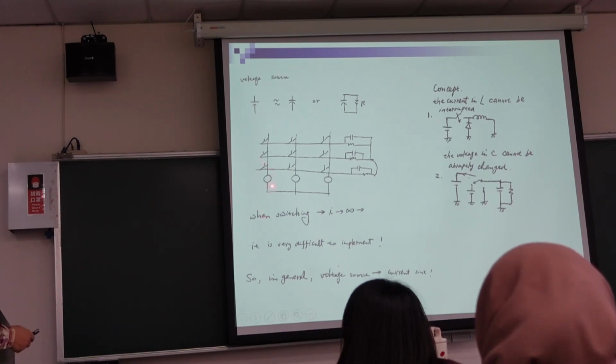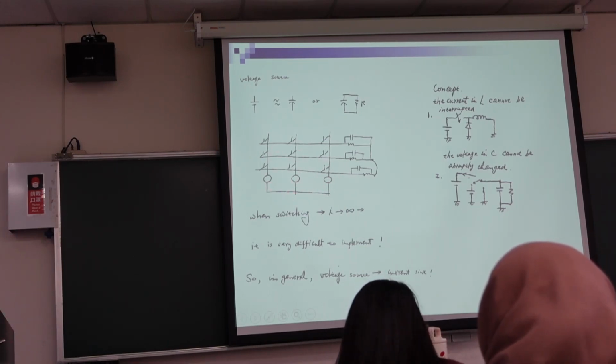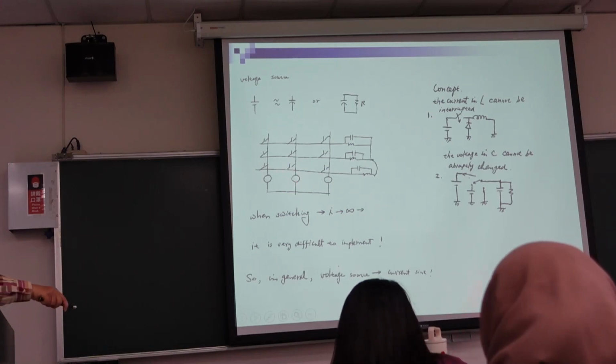But why do we use input voltage source, not input current source? Because in the real world, what is our input from the socket? What does the Thai Power Company provide? They provide 110 volt or 220 volt.